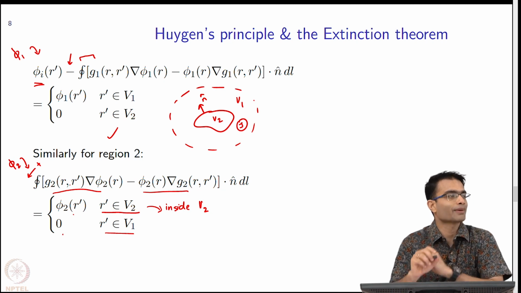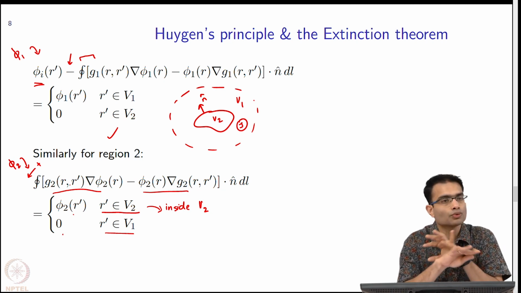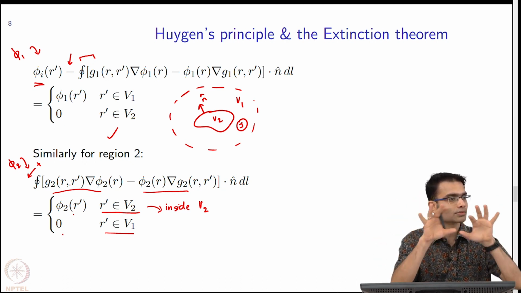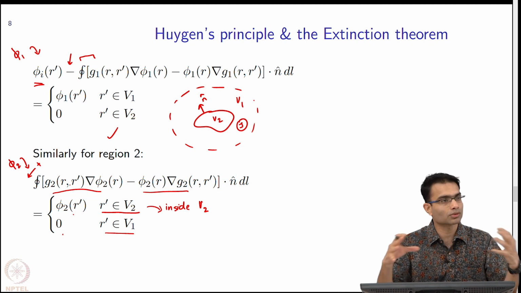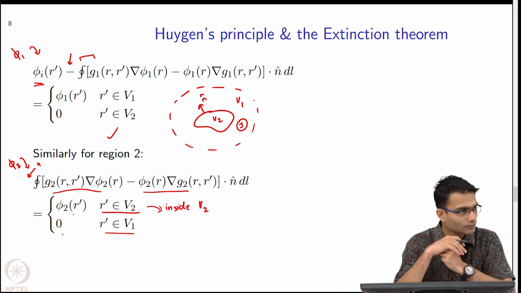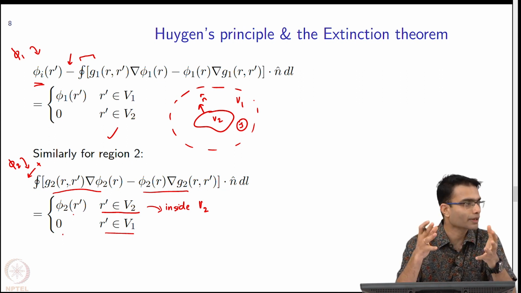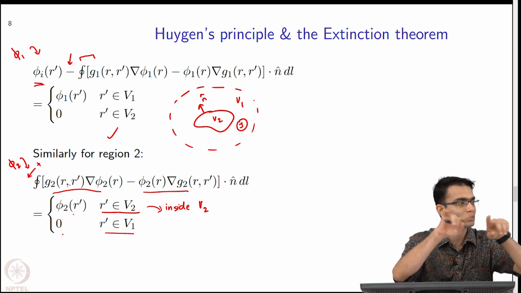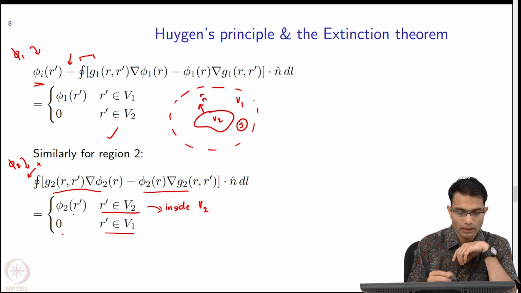Somehow what we have managed to do is remove the volumes and talk only in terms of currents on the surface. That is why the whole module is called surface integral equations. Yeah, by surface I mean boundary. In 3D a surface is a surface, in 2D the surface will be just a line enclosing it, right.